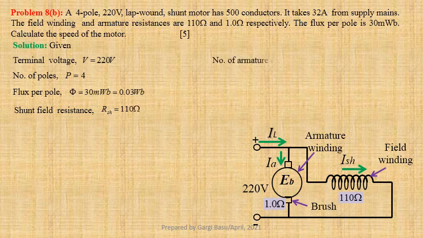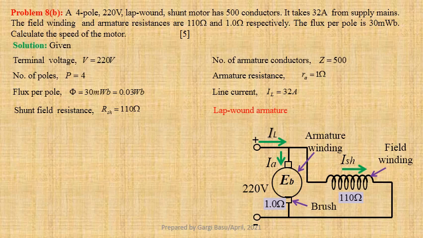Number of armature conductors Z equals 500. Armature resistance RA equals 1 ohm. Line current IL equals 32 ampere. For lap connected armature, number of parallel paths A equals P, that is equal to 4 for this machine.